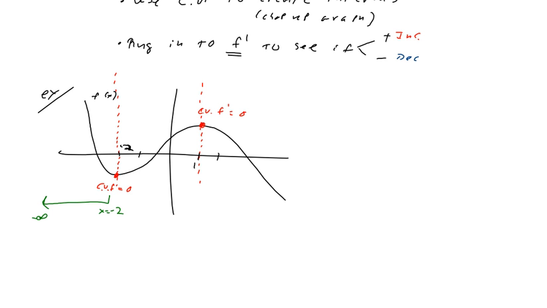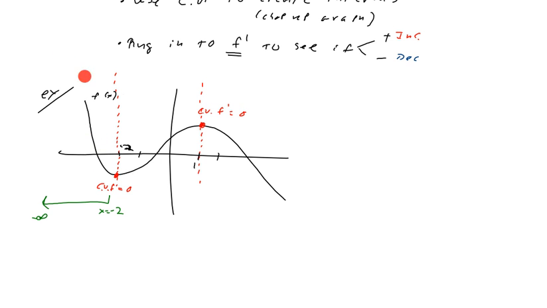This line is telling me this is an edge of a section of graph. Something is happening in this first section, and it changes at this point. If you look at this part of the curve, the graph is going down in this entire section.